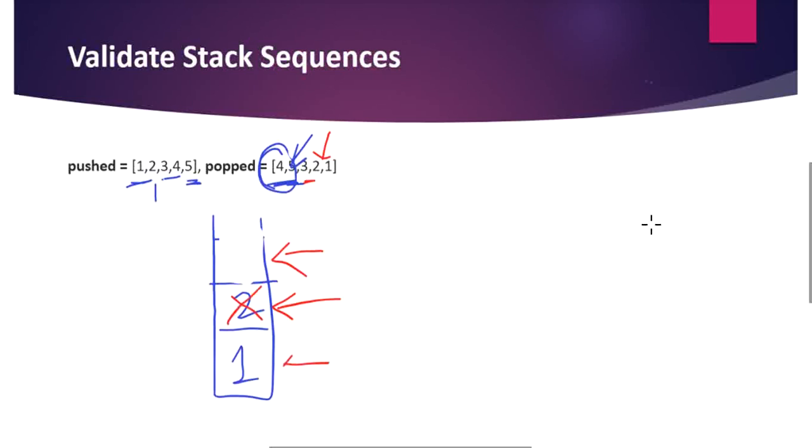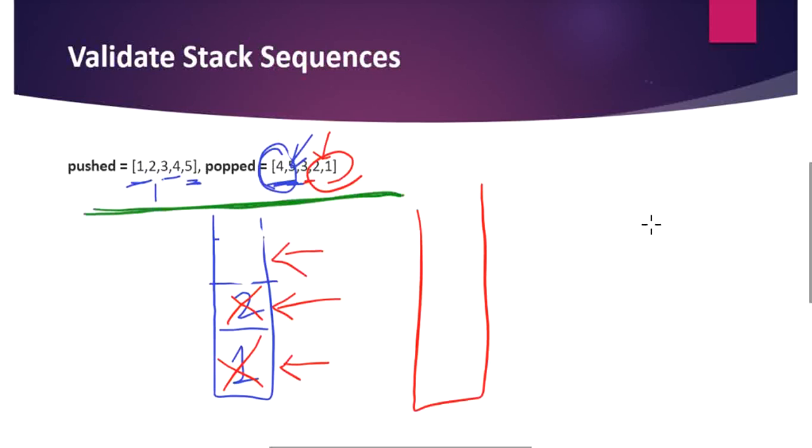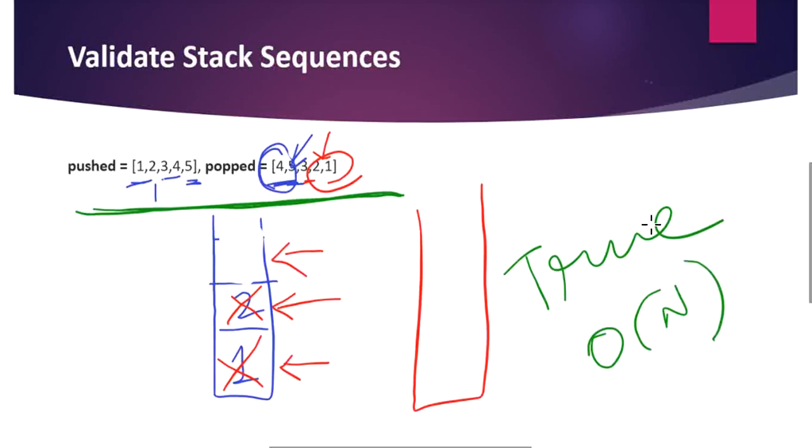Finally it moves to 1, and the last element in popped is 1, and we pop 1 as well. Now our stack is completely empty, which means all the elements we pushed were popped, so they are valid push and pop operations on an empty stack. So we return true. This is a pretty simple and straightforward algorithm which uses linear time and linear space.